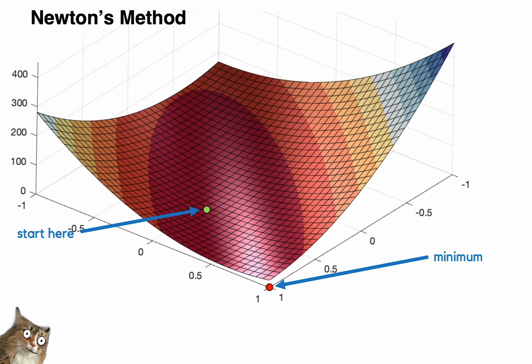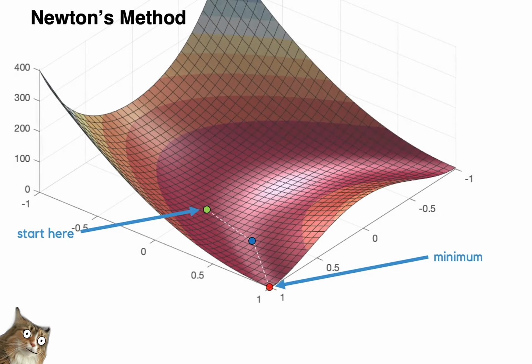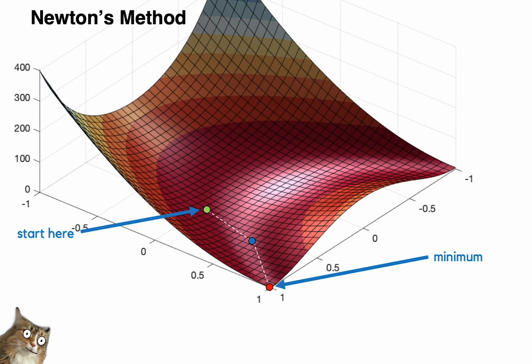And it will choose the next point in its path by minimizing this quadratic approximation. Doing this repeatedly will construct a path to our local minimum, but a different path than gradient descent. This is because our quadratic approximation takes into account not just the local steepness of the energy function, but also its curvature. For many problems, this results in faster convergence to a solution, especially if we start with a good initial guess.